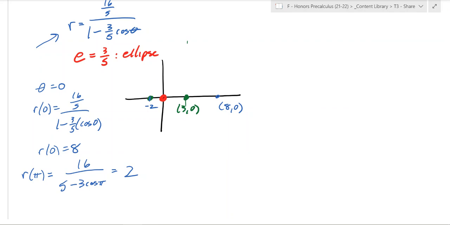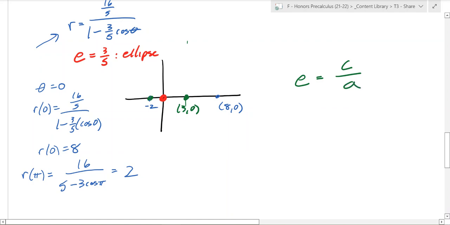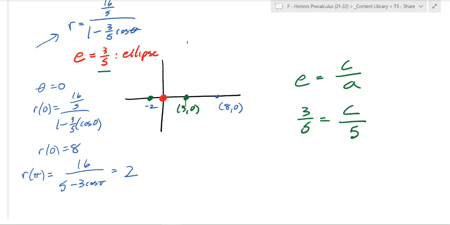Well, we can't really do that by plugging in an angle value, but we know that the eccentricity of the ellipse, as we write it, is c over a. So that 3/5 is equal to c over a right here, and we know that a is equal to 5. That's the side-to-side distance, so 3 to 8 is 5.